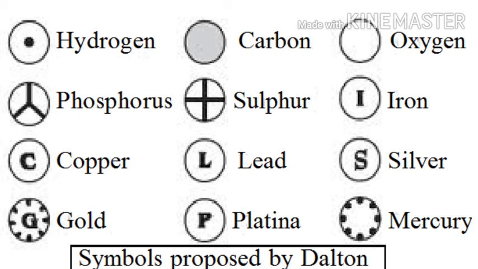That is why the IUPAC committee has given certain rules for giving the symbols of different elements. Naturally, they have taken the first letter of the name of the element. Some symbols they have derived from the first two letters, and some were derived from the first letter and the third letter.